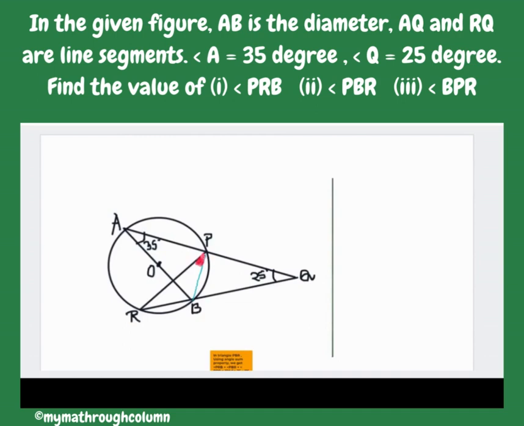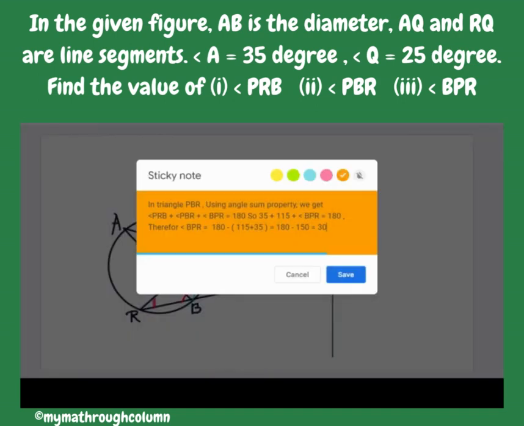Now, this one is very easy because we already know PRB and PBR. These two angles we already know. So we can directly use angle sum property to calculate angle BPR. In this triangle PBR, angle PRB plus angle PBR plus angle BPR is 180. So 35 plus 115 plus BPR is 180.